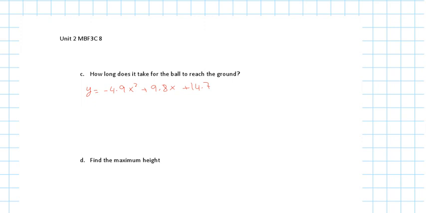So if I divide by negative 4.9, what do you get? x squared. What's 9.8 divided by negative 4.9? Negative 2.